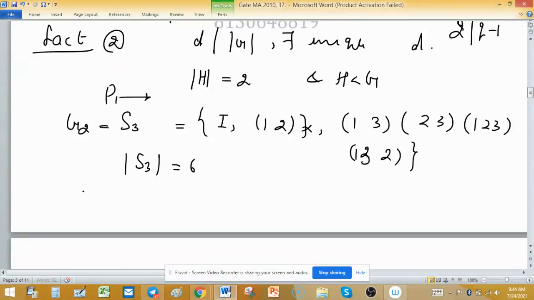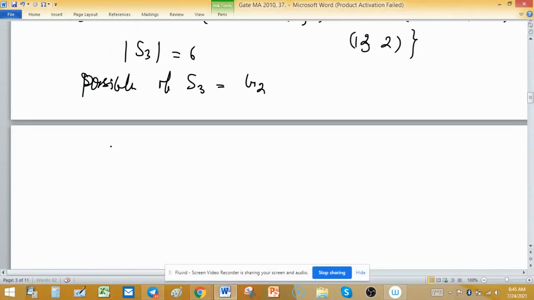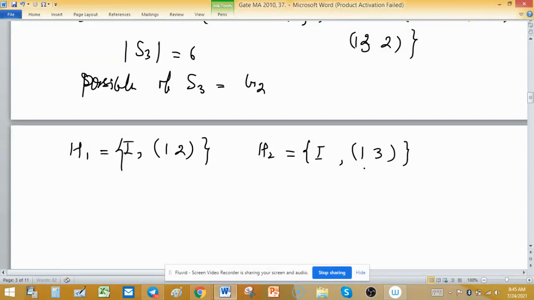Now we have to find subgroups of order 2. If we form a set containing only the identity and a self-inverse element, then it will be a subgroup. So H1 is the identity and one transposition, (1 2). H2 is the identity and the transposition (1 3). H3 is the identity and the other transposition (2 3).